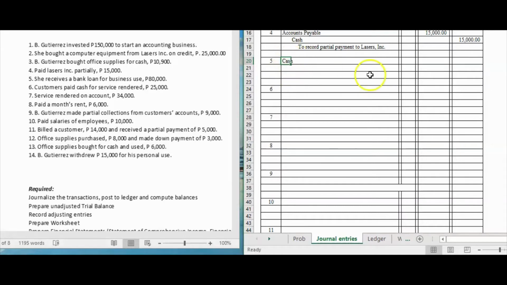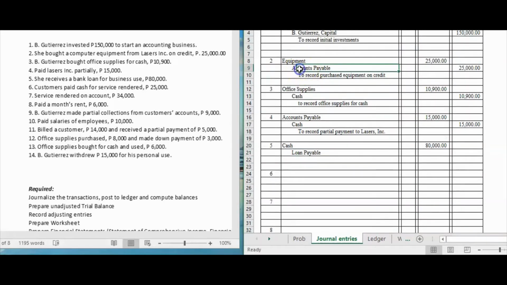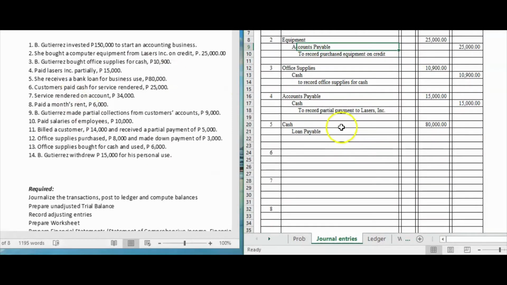Okay, so meron tayong cash na 80,000 and there is an additional liability for the accounting business. Okay, we can actually use accounts payable, but to make it specific na lang, no, we can use loans payable.